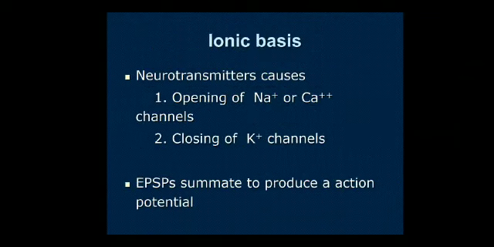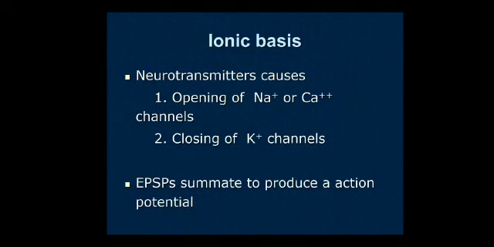The ionic basis of this is, first in the presynaptic membrane the action potential is generated, calcium enters into the cell, and then through the release sites the neurotransmitters are released into the synapse, and the neurotransmitter binds to the postsynaptic membrane.